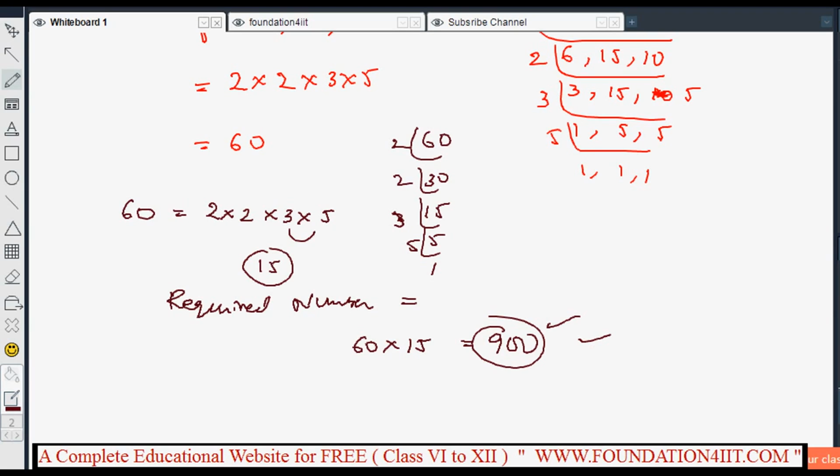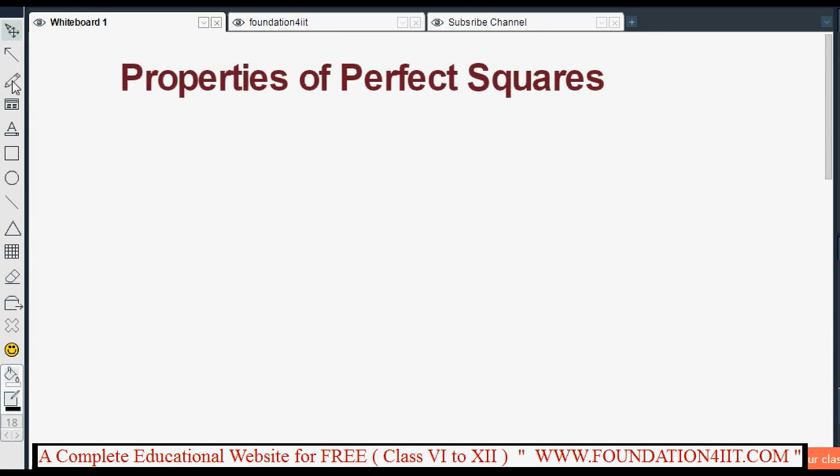So next we will see some properties of square numbers. Properties of perfect squares. I'll explain six important properties regarding perfect squares. So let us see one by one.